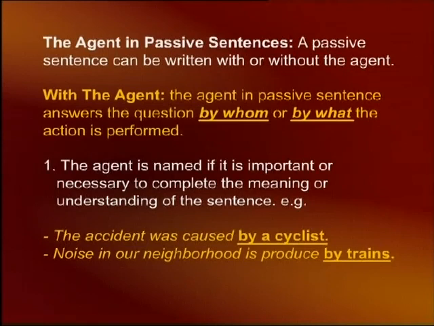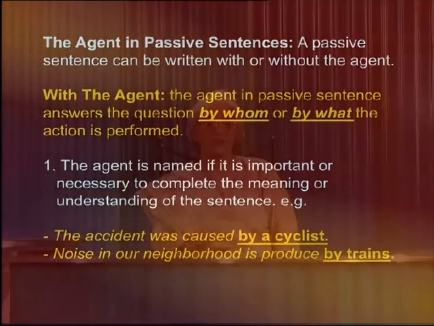For example, take this sentence. The accident was caused by a cyclist. This is a passive sentence. The accident was caused by a cyclist. Now, by a cyclist is the agent.